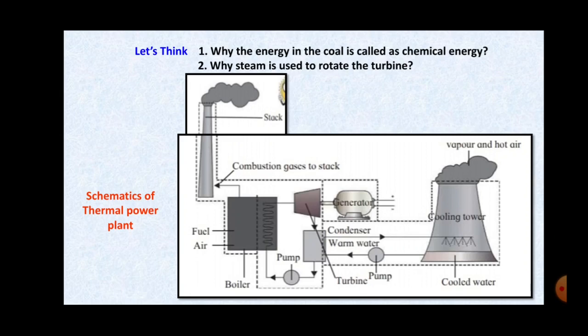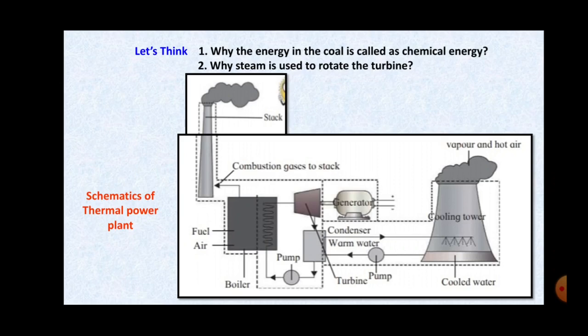And then you can see the turbine is there. The turbine is connected to the generator, and from the turbine, the water goes to the cooling tower. There it is allowed to condense, and then again it is turned back to the boiler. This is, you can say, the flow chart. This is how the journey of energy from the boiler to the generation of electricity takes place.